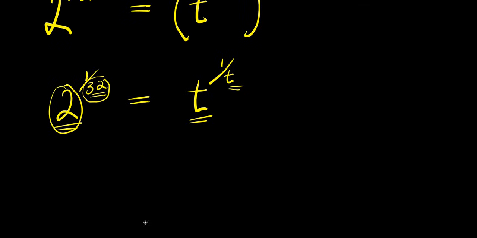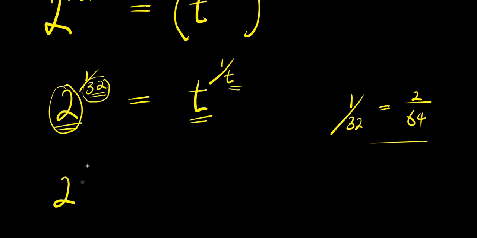So, 1 over 32, I can express as 2 divided by 64. These are equivalent fractions. So let's replace it here. I have 2 power 2 over 64 equals t power 1 over t.